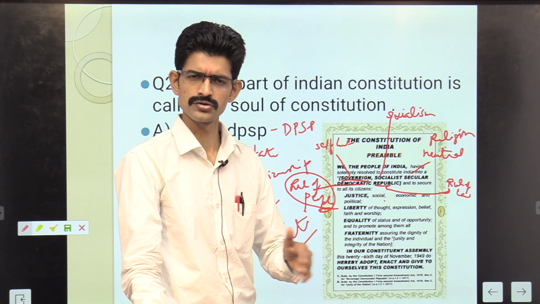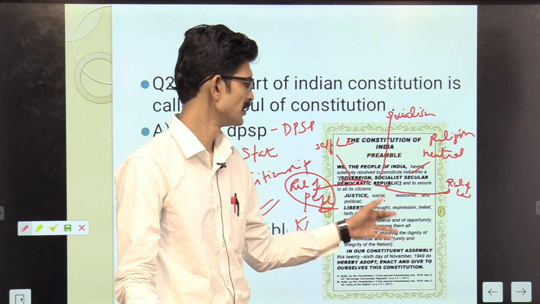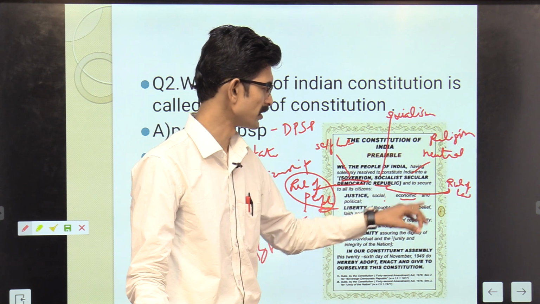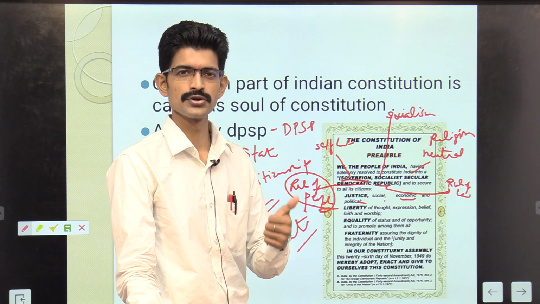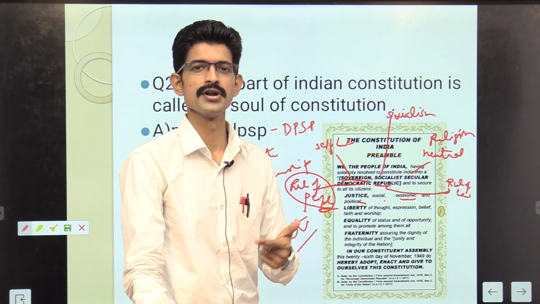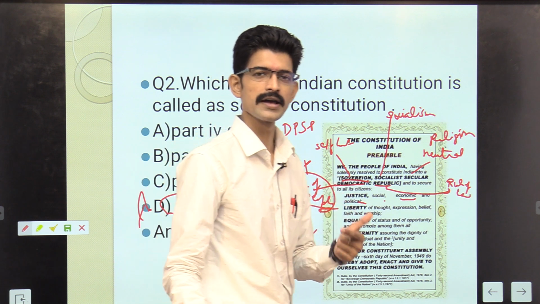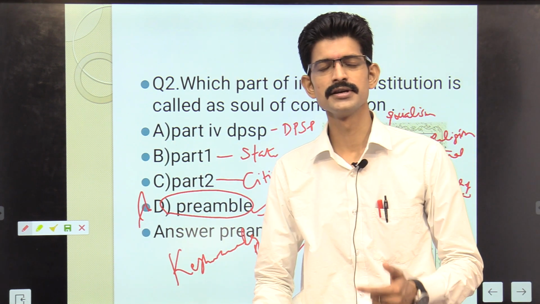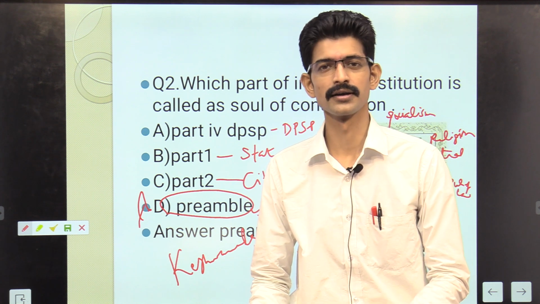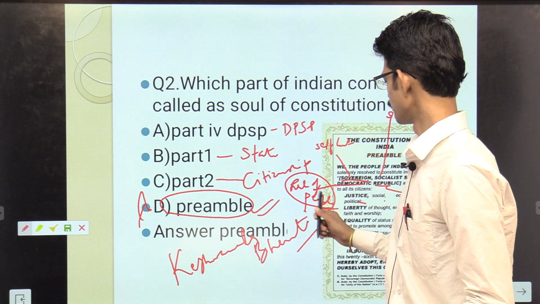So there should be social, economic and political justice. Political justice means people should have the right to vote, universal adult franchise under which every person who is above 18 years of age can vote for the democratic right. That is a political right.